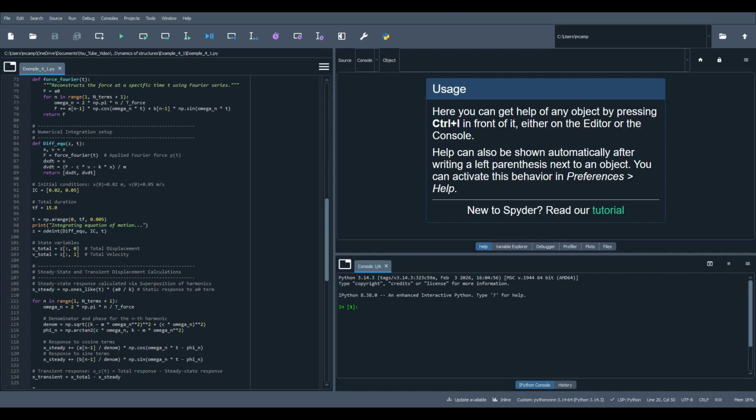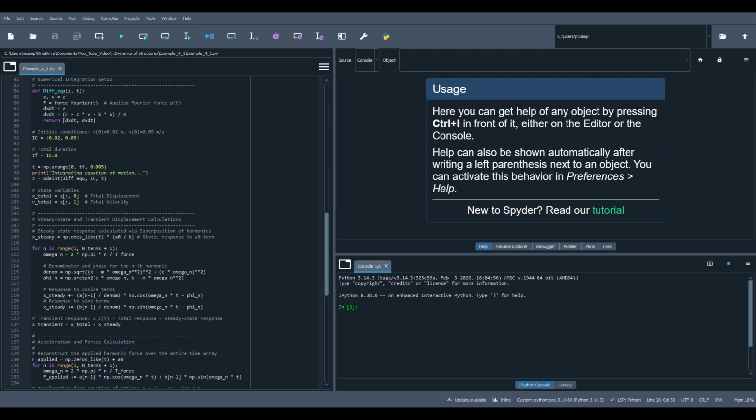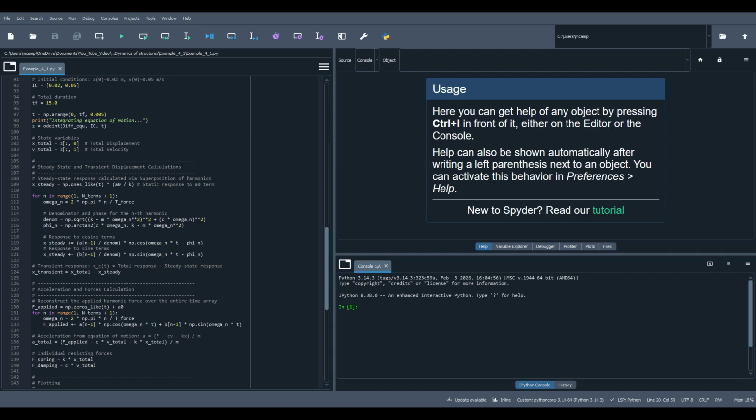Then x total equals column 0 and 1, extracting all the displacement and velocity values from the solver output matrix. After that, we calculate the steady state and the transient displacement.